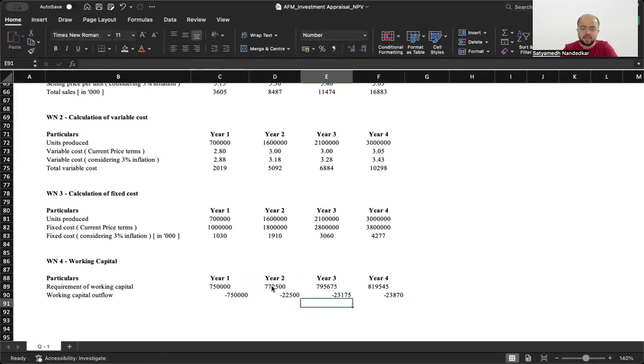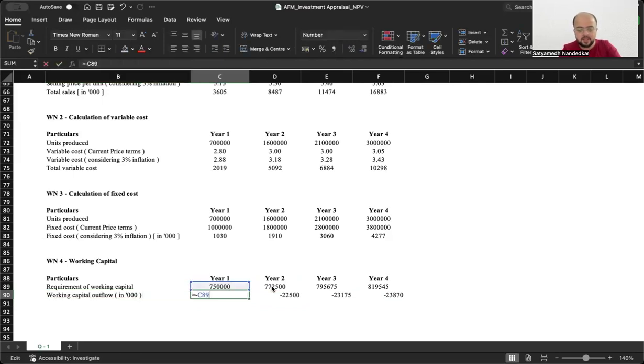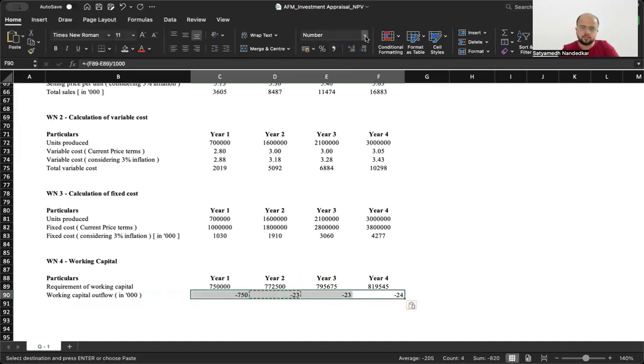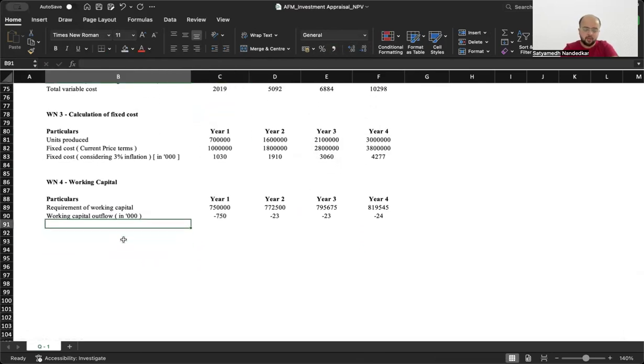And this is for year 4. So working capital outflow in basically thousands. So I'm going to convert this into my thousands. ठीक है. I have my working capital outflow.